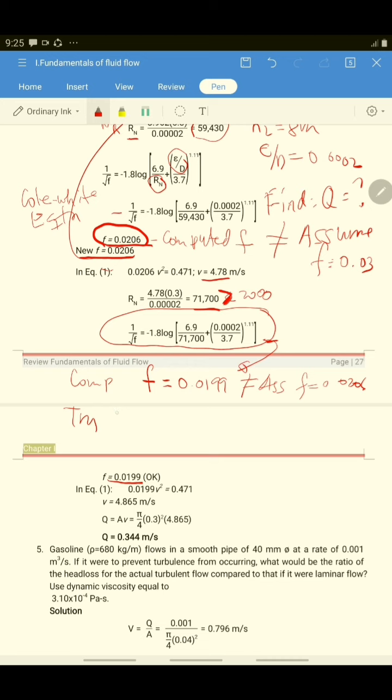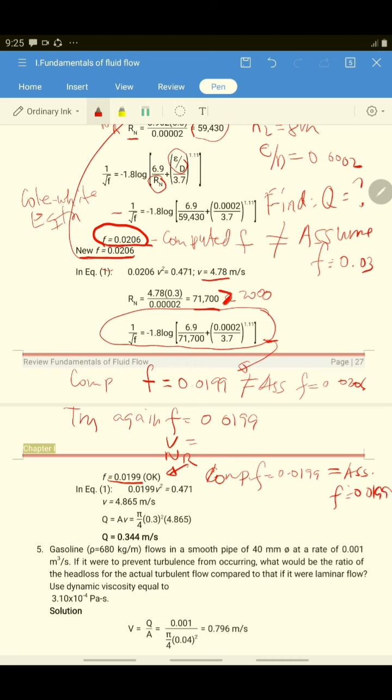Try again. F is equal to 0.0199. Then you have to get the V, then the Reynolds number. Maybe this time they are okay. So the computed F is 0.0199, which is equal to the assumed F, 0.0199.